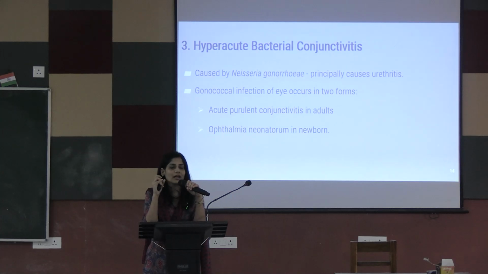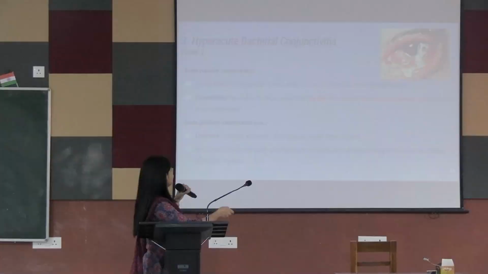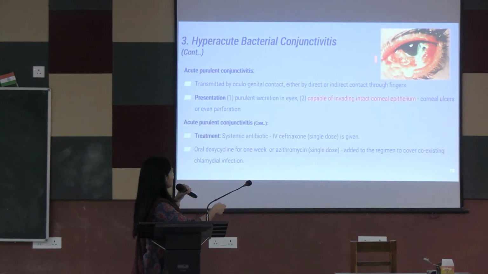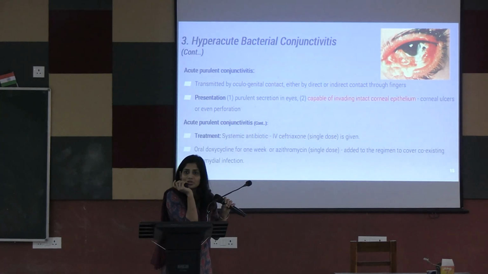The child acquires this infection and it results in ophthalmia neonatorum. In adults, acute purulent conjunctivitis is capable of invading the intact corneal epithelium and causes this purulent disease. So the treatment will remain parenteral, okay.